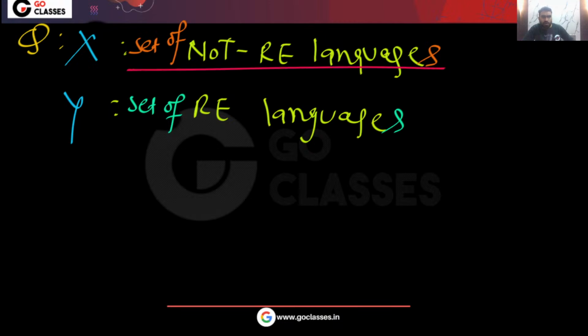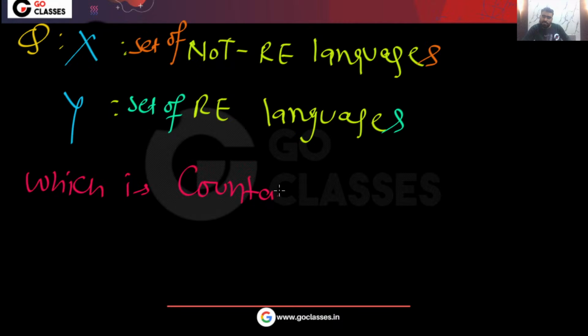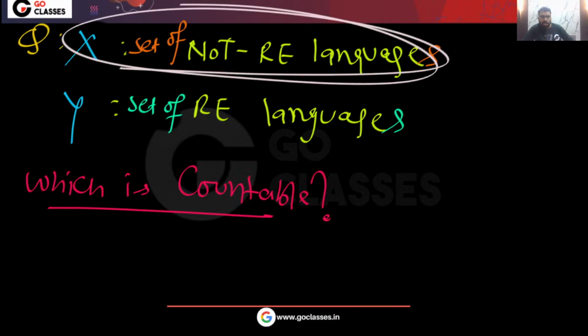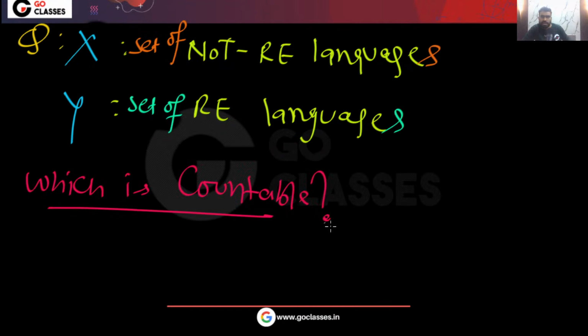X is the set of all not RE languages and Y is the set of all RE languages. Now which is countable? Only Y. Only Y is countable. Yes or no?